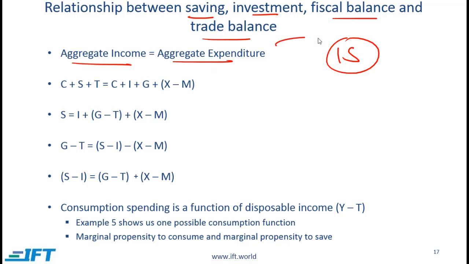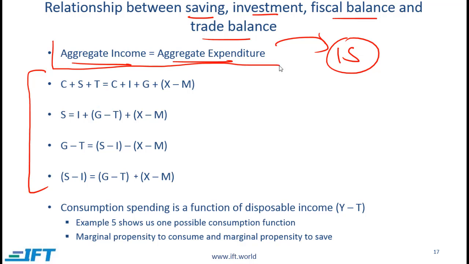This condition drives the IS curve, the condition that aggregate income is equal to aggregate expenditure. If we look at examples in the curriculum and practice problems, and also one of the learning objectives, it is important to understand the relationships shown over here. We will learn this material, and then we will look at the sorts of questions that you might get.